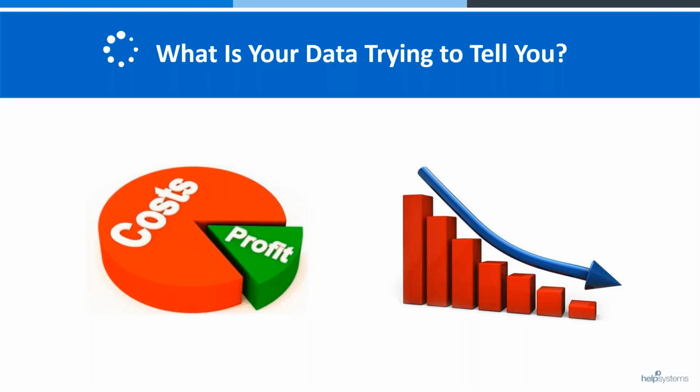Or it might be trying to tell you where you have high performing areas of the business where you can take advantage of and expand further. Or it even could be telling you things like that your employees are working more and more overtime in the last year. So you might want to make sure you're staffed correctly so you can grow without burning out your employees.